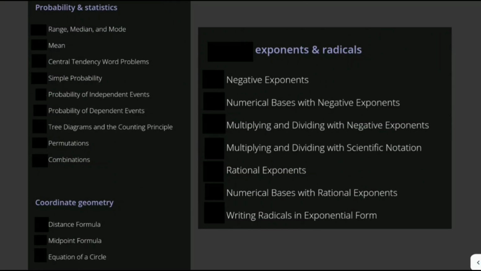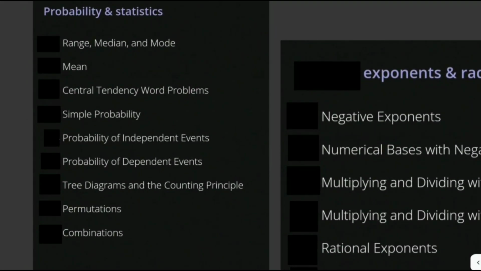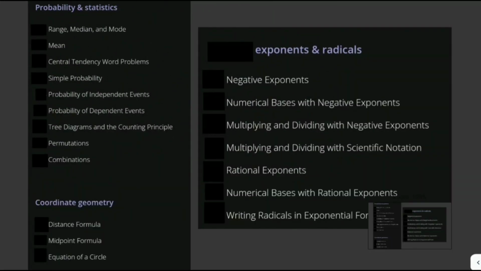And also you need to review probability and statistics and coordinate geometry. Under probability and statistics, you need to learn or review range, median, mode, mean, simple probability, permutations, and tree diagrams.